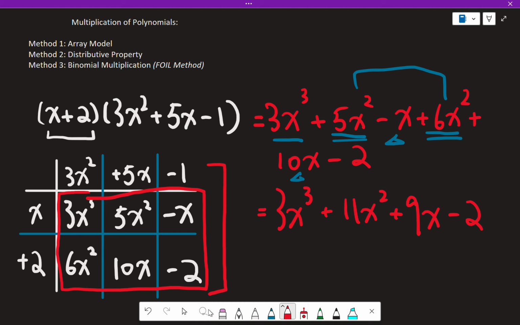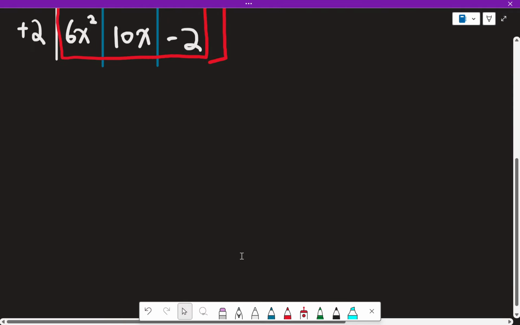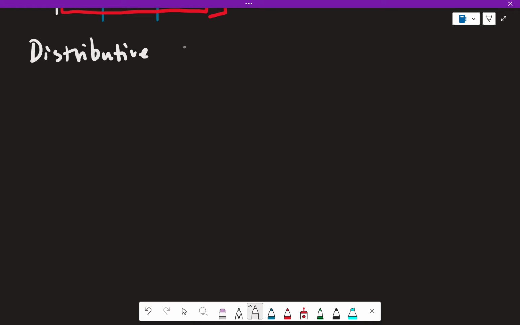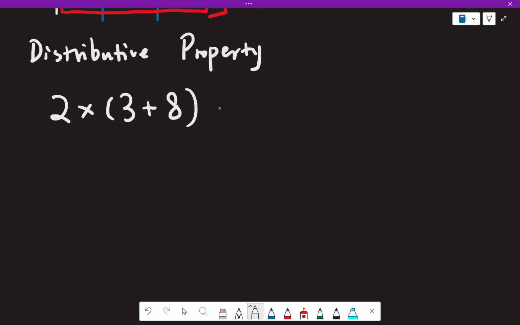Next, we will be talking about distributive property. So what is distributive property? So let's take a look at a simpler example, an integer multiplication. So, if I have 2 times 3 plus 8, what could we do?